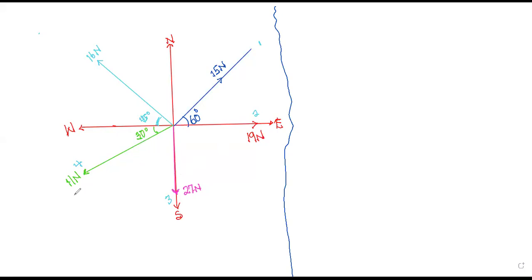Then we have a force of 11 Newton, making an angle 30 degree with the negative X axis. Then lastly, 16 Newton, making an angle of 45 with the X axis.